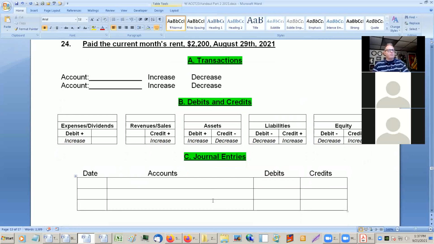$24, paid current month's rent, $2,200. What did we pay them with? Anyone? Cash.